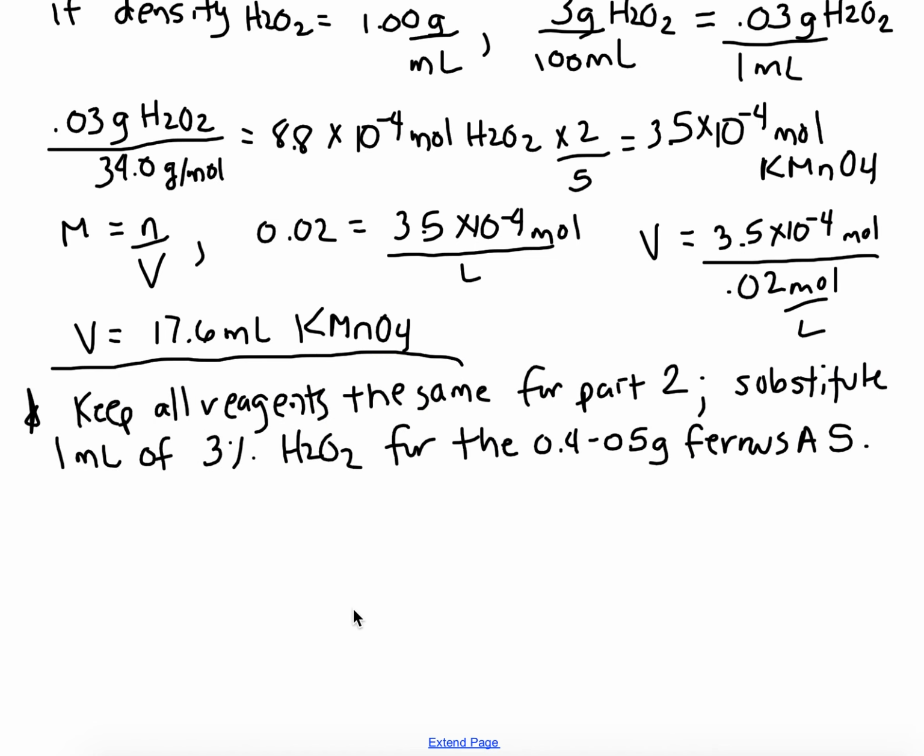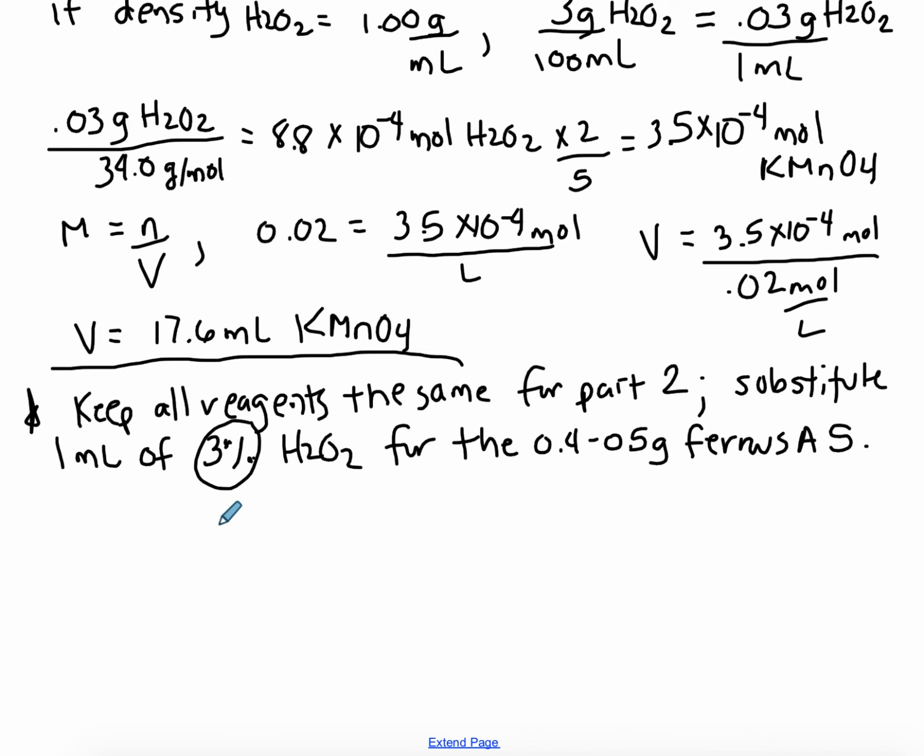The important thing to remember, finally, is that you're going to keep all your reagents the same for part 2. Substitute the 1 ml of 3% H2O2. Okay, we are told by the manufacturer that it's 3%. You're going to actually determine if that's correct. Okay, that's what this lab is about.